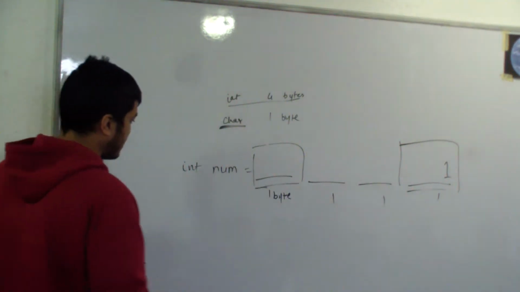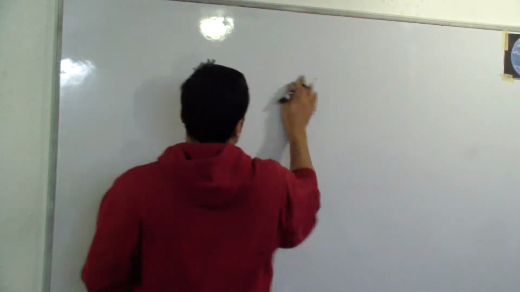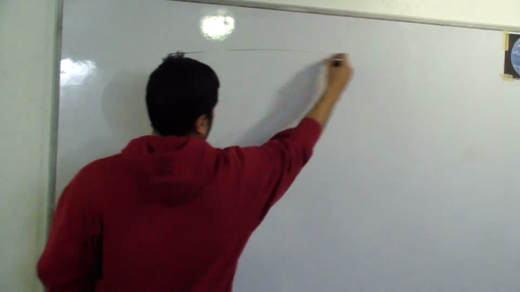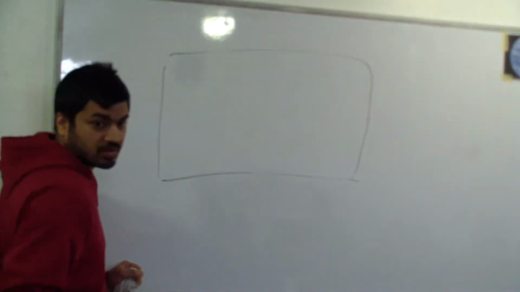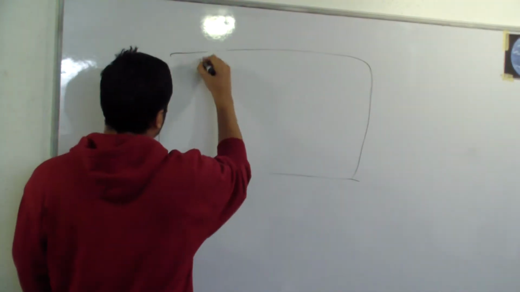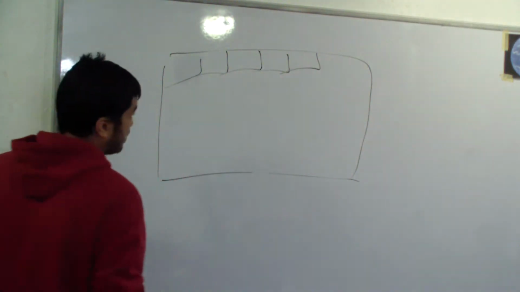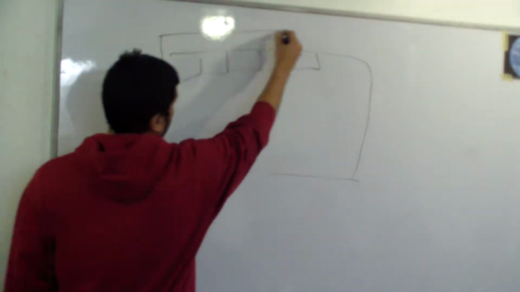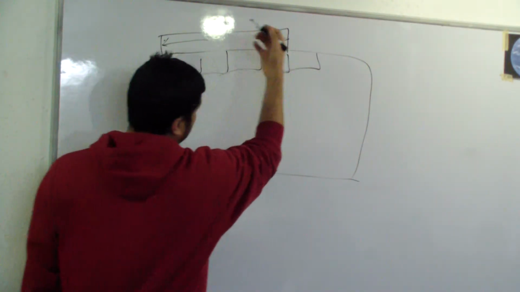Okay, I'll get to the solution actually. That will make more sense. So this is your memory, okay? This is one byte each block. Now I have one data structure over here, and I have something over here.